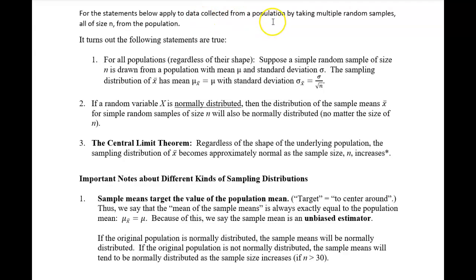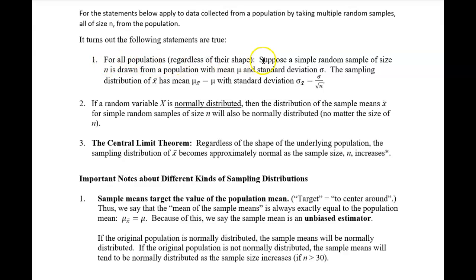So if we wanted to find out something about students at our college, several of you might go out and you'd each ask 50 different people. Then we would take the mean of each of those groups of 50 and then take the mean of that to get the mean of the population. It turns out that works out pretty well if you take enough data.